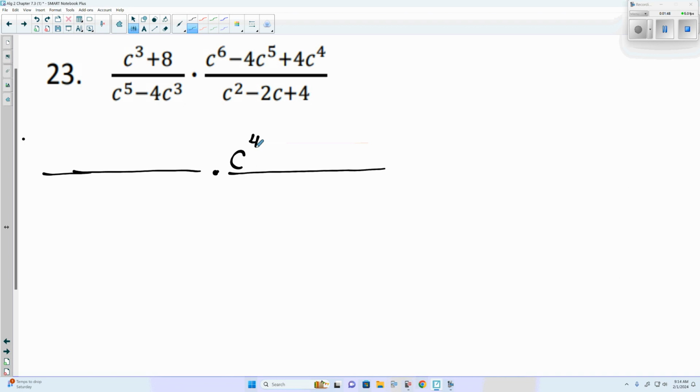Because again, when we have a common variable across all 3, we take whichever one has the smallest exponent. C to the 4th. They all have at least 4 c's in each term. Because if we remove c to the 4th from c to the 6th, we're left with c squared. If we remove c to the 4th from 4c to the 5th, we have minus 4c. And when we remove c to the 4th from 4c to the 4th, we just have 4.